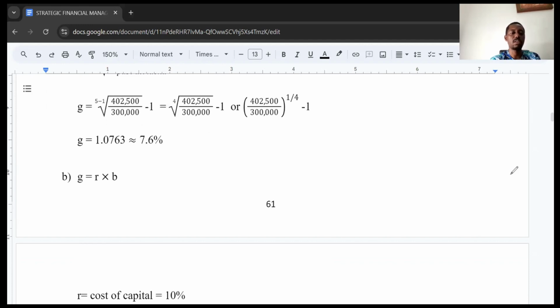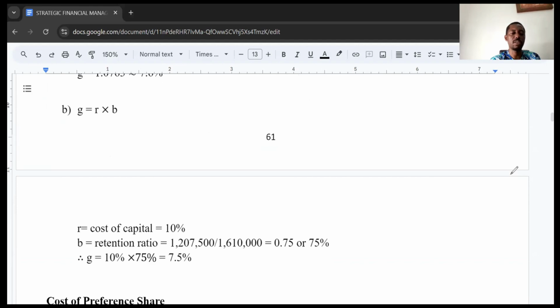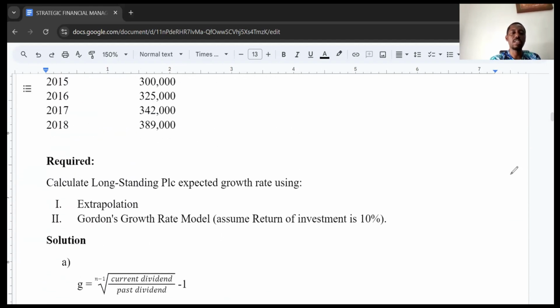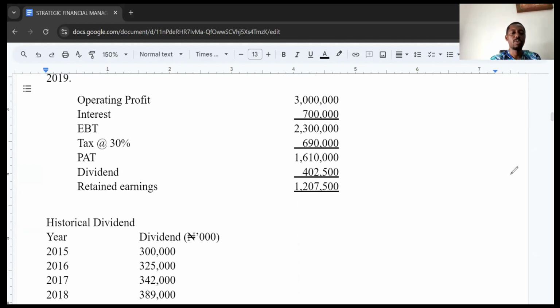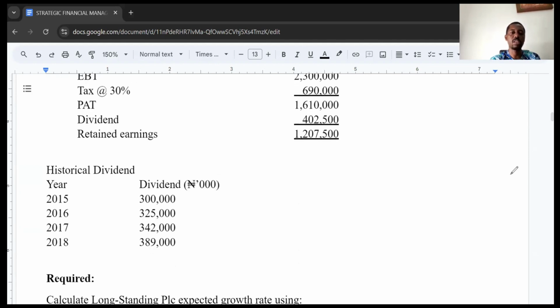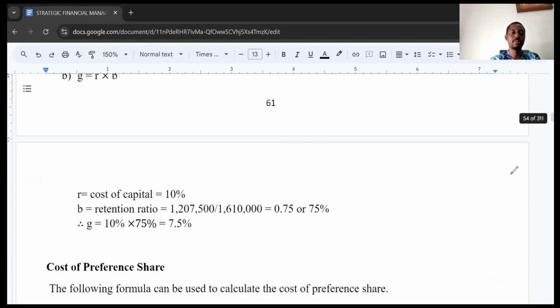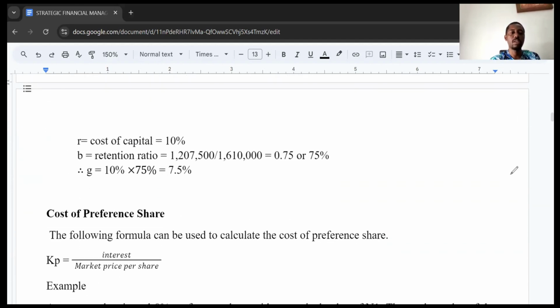Using the Gordon's growth model, g is equal to r times b. So now we need to get this in percentage. What was retained was 1,207,500. What was paid was 402. So what is the percentage that was retained? So let's look at it here. So it will be 1,207,500 divided by the total profits.